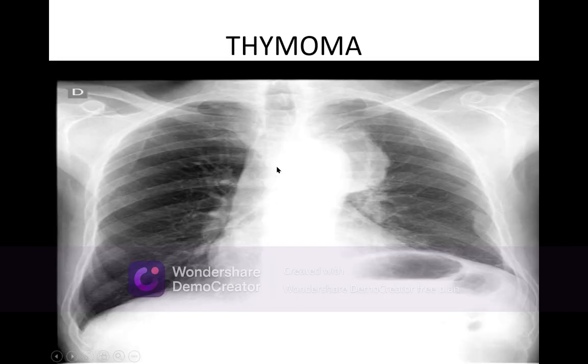Now here in the middle, superior mediastinum, you find an opacity, a soft tissue opacity. This is a sign called the sailing sign.